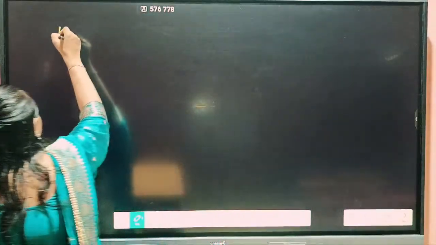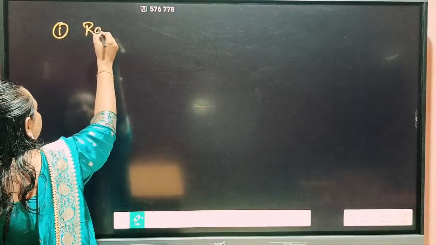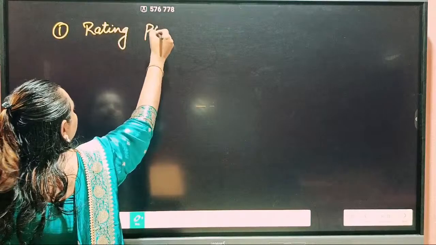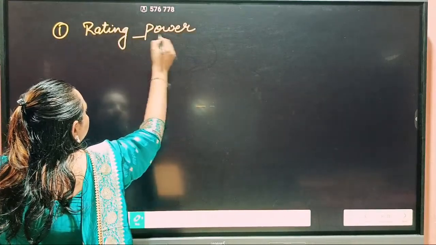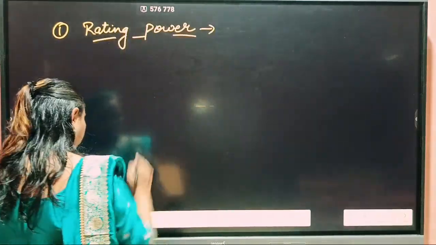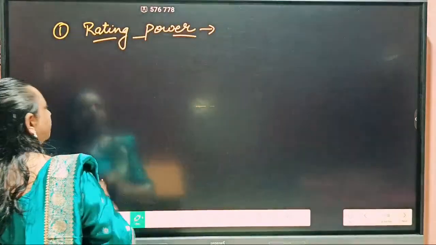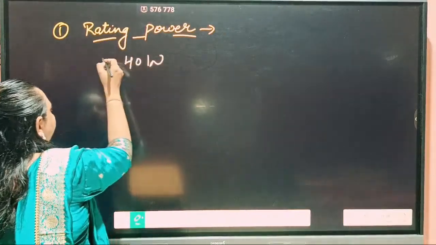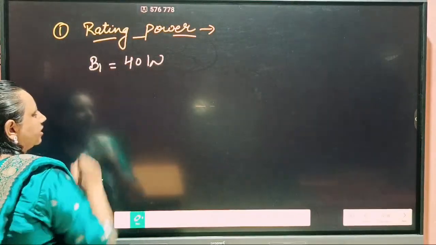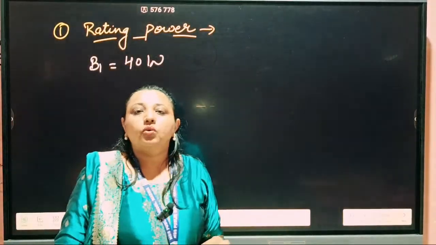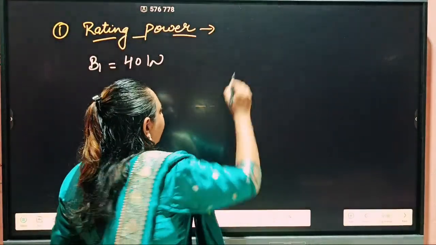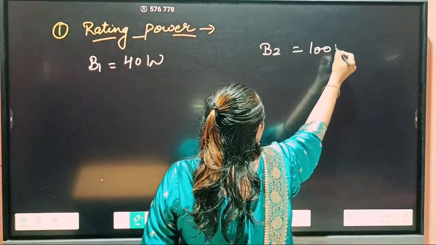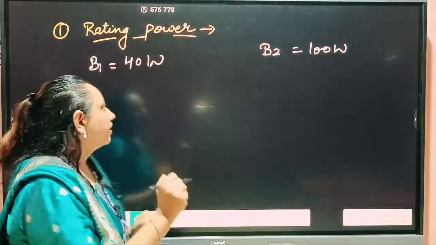Number 1, we talk about the rated power. If we have 2 bulbs, B1, or bulb 1, having power 40 watt, and there is another bulb B2 having power 100 watt, right?